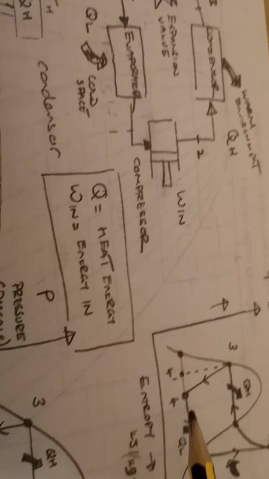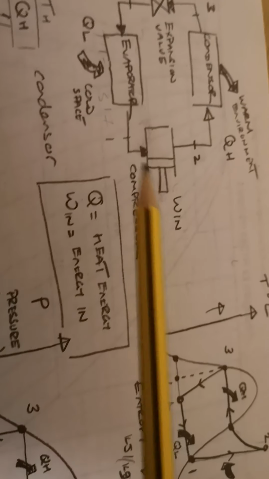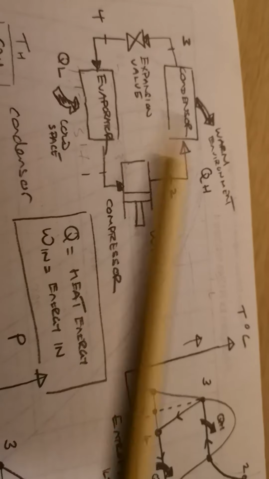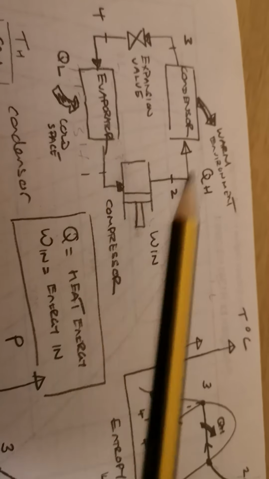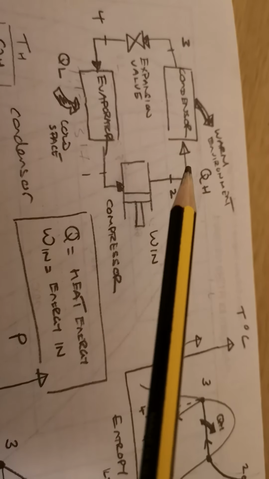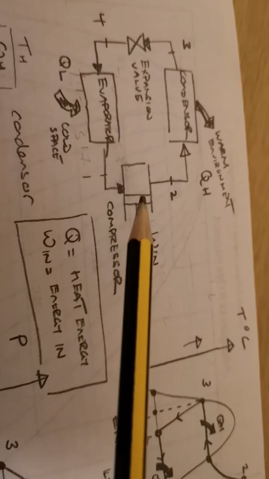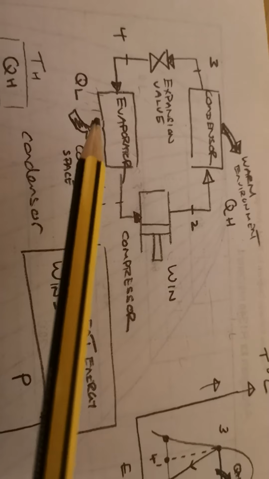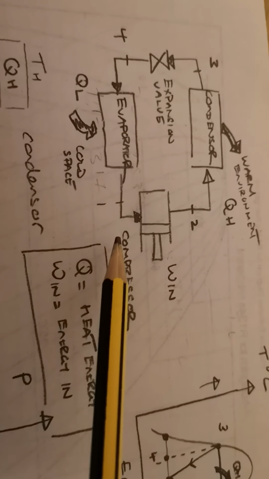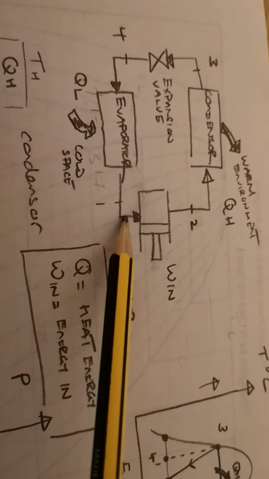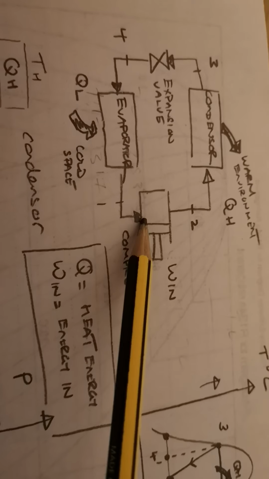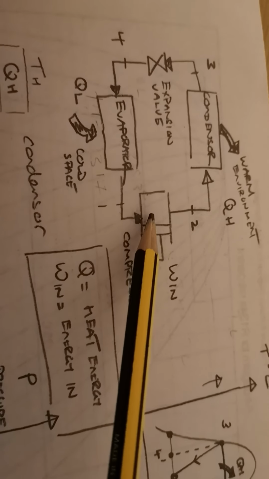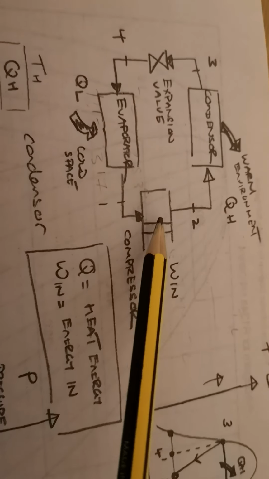Now what you've got here is liquid coming into the system. It doesn't detail here where the liquid goes into the system. That isn't necessary. But you've got liquid coming into the system, and the liquid is compressed. When it's compressed in the compressor, the pressure increases.